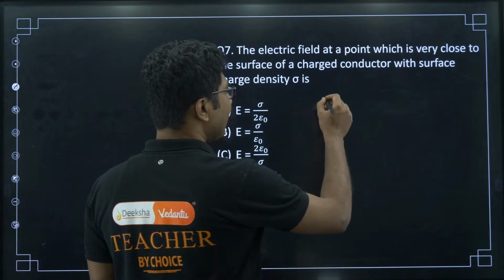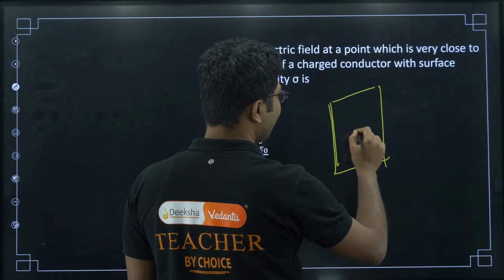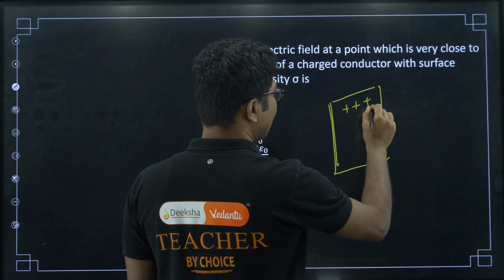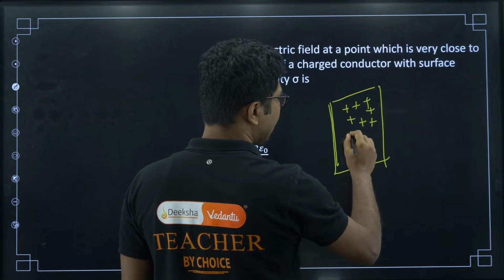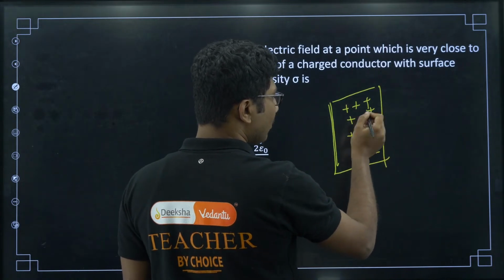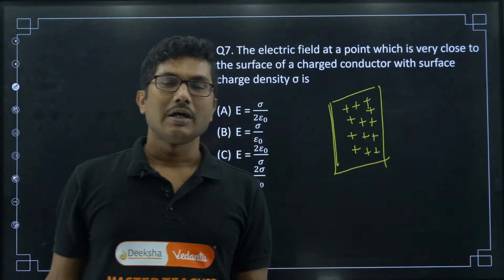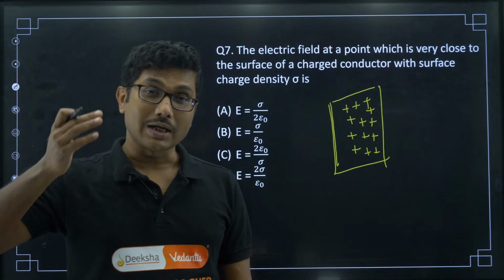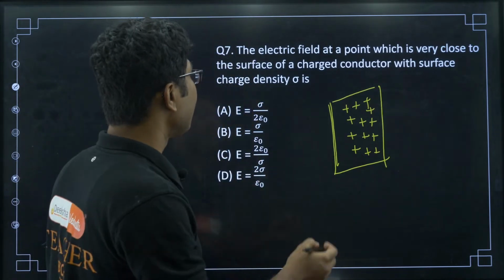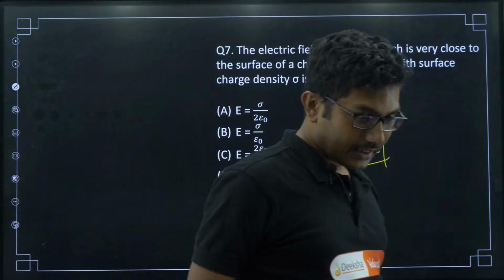Electric field near a charged conductor, infinitely long charged conductor, or very close to the charged surface, both are correct, the same formula. So, what is the formula for that?